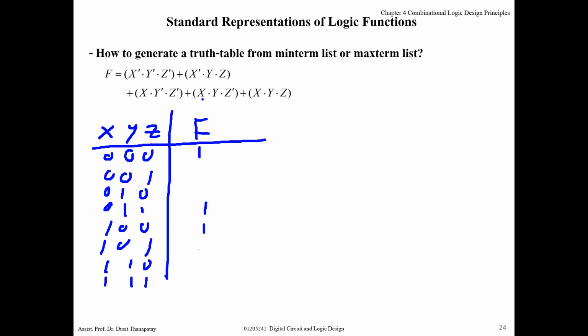How about this x, y, z prime: 1, 1, 0, right? And x, y, z will be 1 only when the input is 1, 1, 1. So after that, for the left, the output will be 0. That's all. That means now you can write down the truth table from this expression. This is the basic skill that you should have.